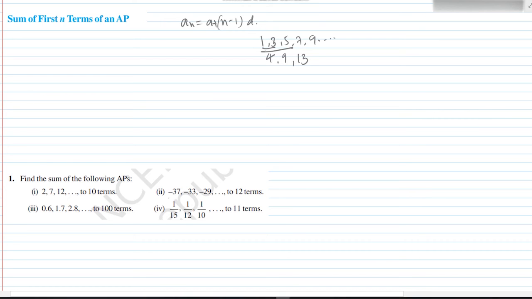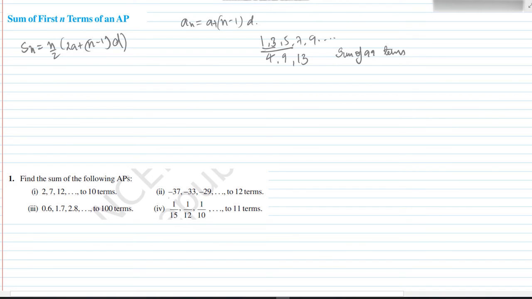Suppose what if I ask the sum of 99 terms? You can't keep on adding like 1 plus 3 plus 5 plus 7, right? So there is a simplified formula for this. S of n is equal to n by 2 into 2a plus n minus 1 d.